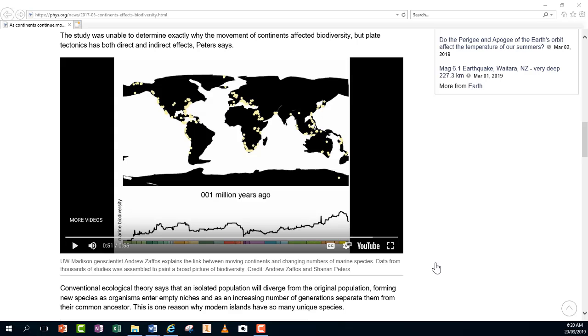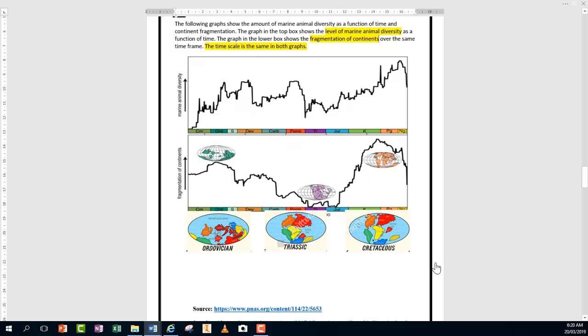If I can find it. There it is there. Right, so again, we have our marine diversity. Now that's the graph that we just followed along there, and you can see at this point in time there was no marine diversity, because there was no life on Earth back in that area there. And then life happened, and it started getting bigger and bigger and bigger up until this point, and then there was a bit of a drop, and then it came back up again.